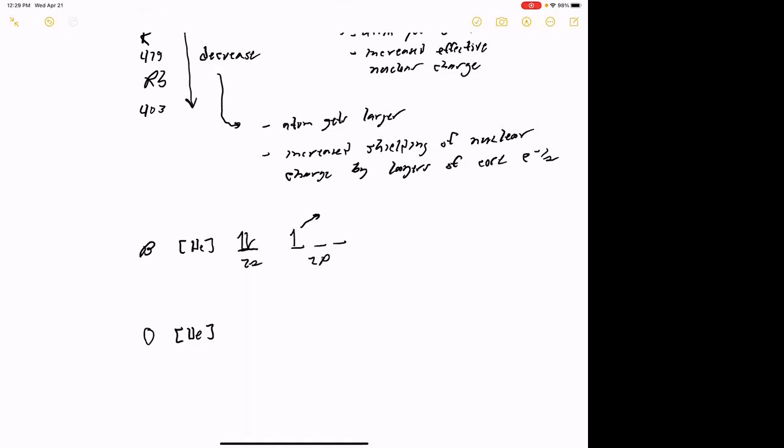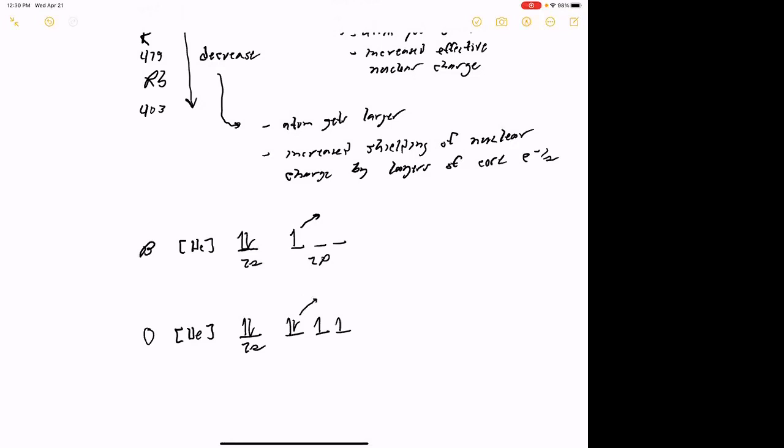Now, let's go to oxygen and see what's going on there. All right, so oxygen, we end up having a full 2s, and then we go 1, 2, 3, 4. Now, we talked about pairing energy. Somebody mentioned that just a minute ago, right? What's happening to this electron here that I'm just sticking into that p orbital?